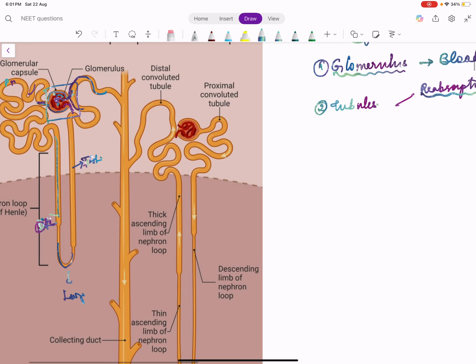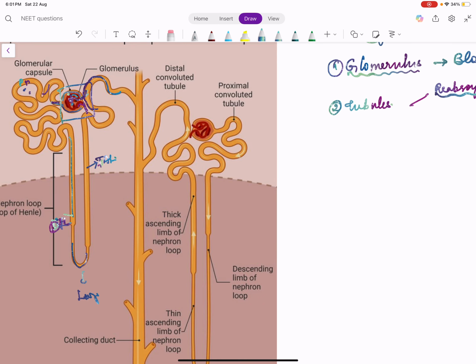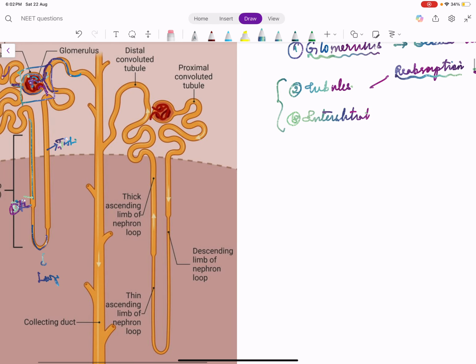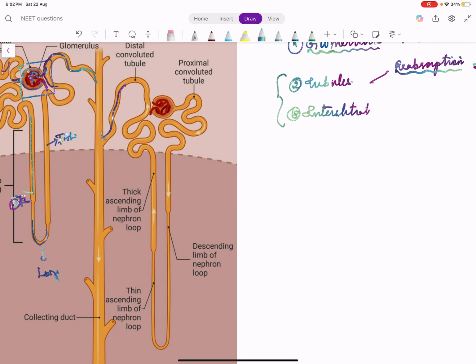The tubules are present in something called the interstitium, like the interstitium of the lung, interstitium of the kidney. Usually tubular and interstitial diseases are taken together. The distal convoluted tubules of multiple nephrons end in the collecting duct. We have the cortical collecting duct, then the medullary collecting duct.